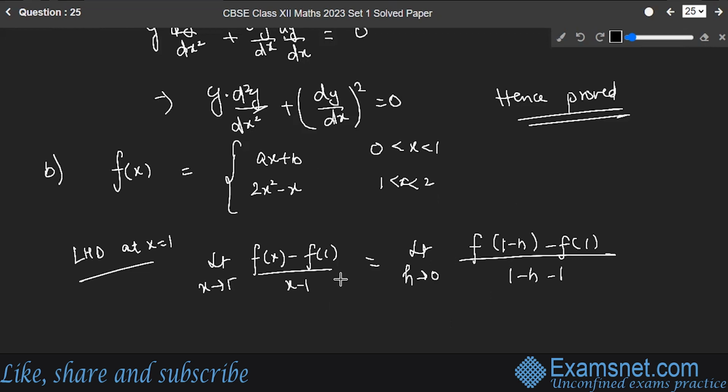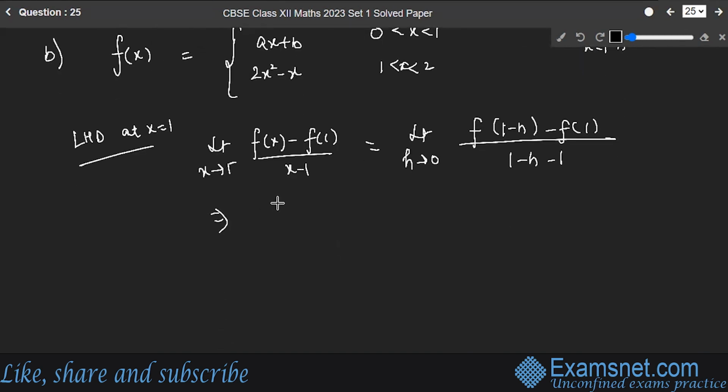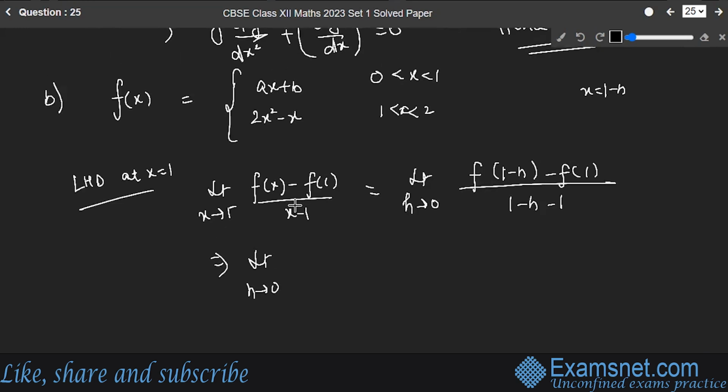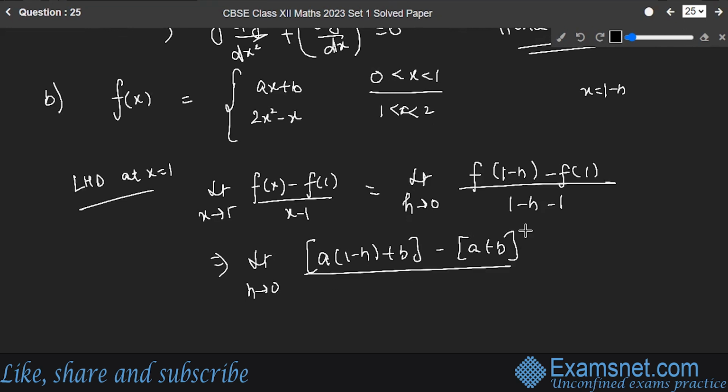See, when h is approaching 0, x will be written as 1 minus h. Okay. So further, this is equal to limit h approaching 0. Now I'll be taking the first function because x is lying between 0 and 1. This will be a into (1 minus h) plus b, minus (a plus b), whole divided by minus h.